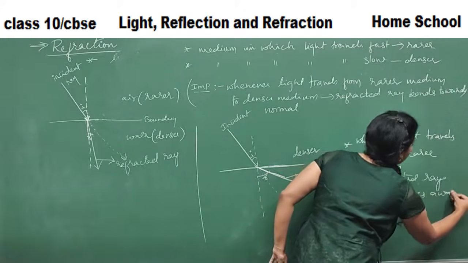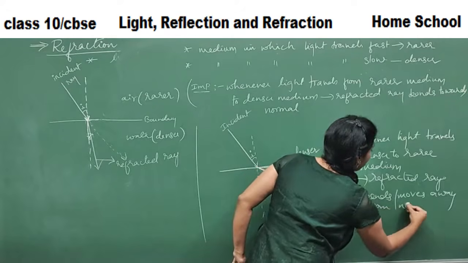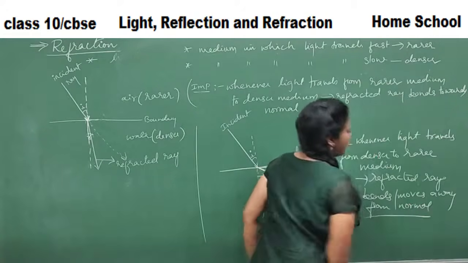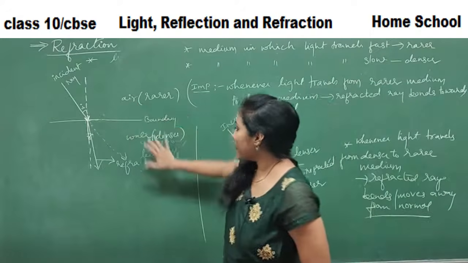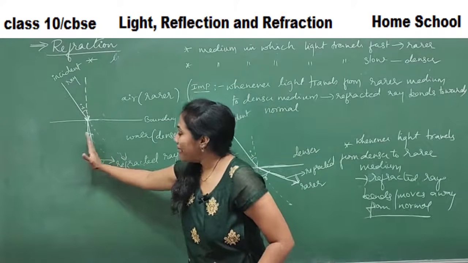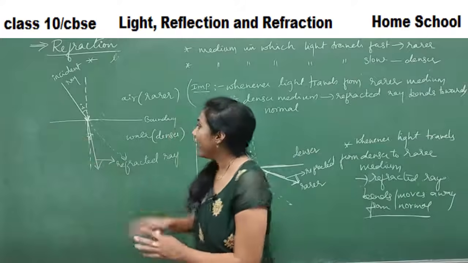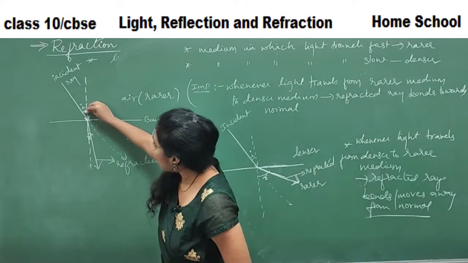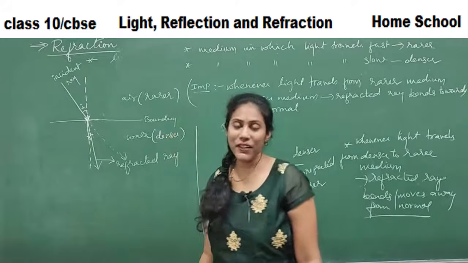These points are very important to remember. Away from normal. So whenever light is traveling from rarer medium to denser medium, the refracted ray bends or moves towards, near to the normal.